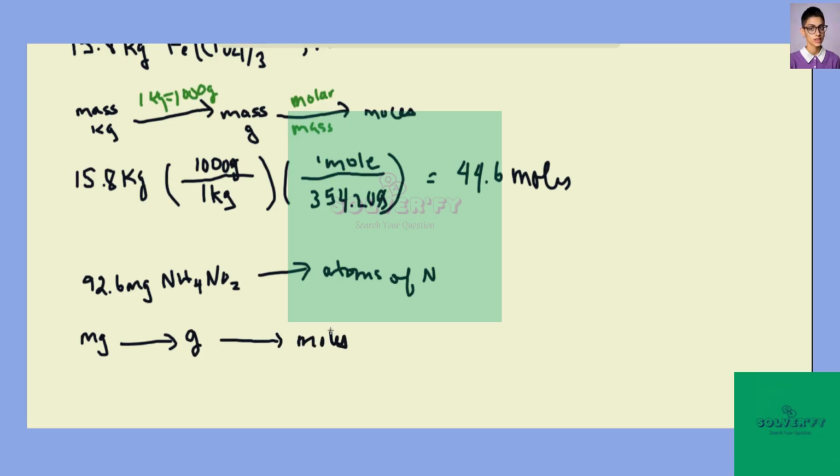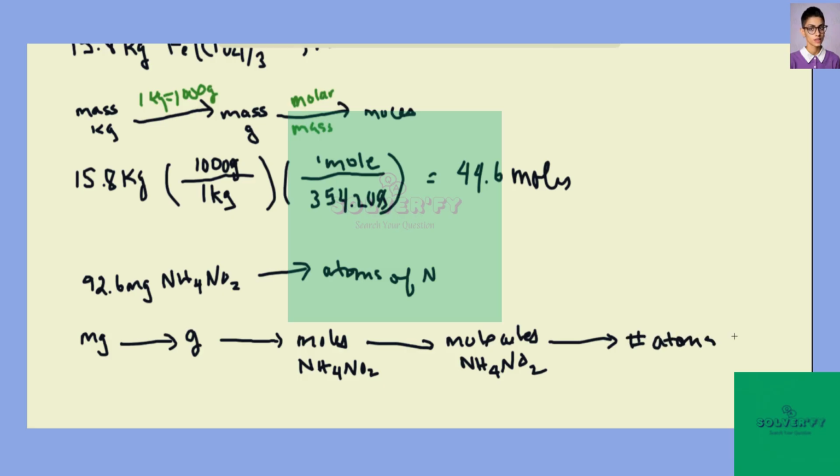Once we have moles of our compound, we can change to molecules of the compound. And then using the chemical formula, we can find the number of atoms of nitrogen.